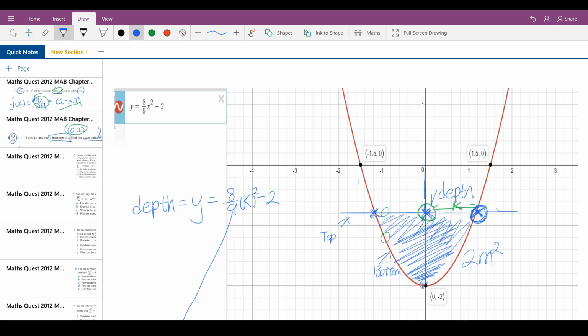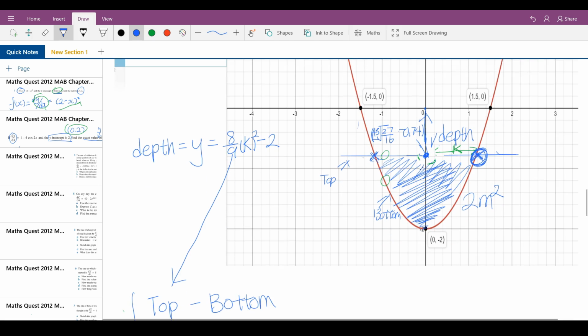Let me rub this off here. This point here has a y coordinate of negative 0.74, and the k is, remember, the cube root of 27 over 16, positive and negative, because you have both sides.